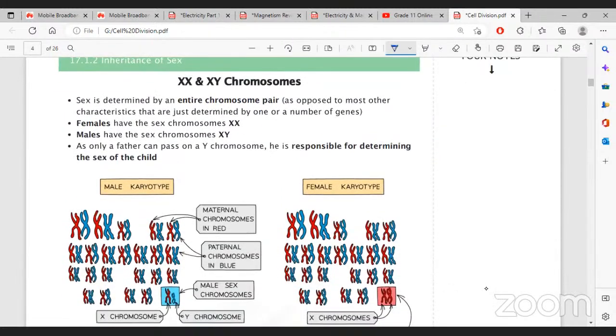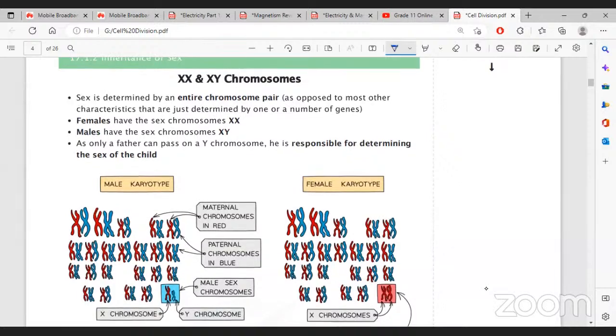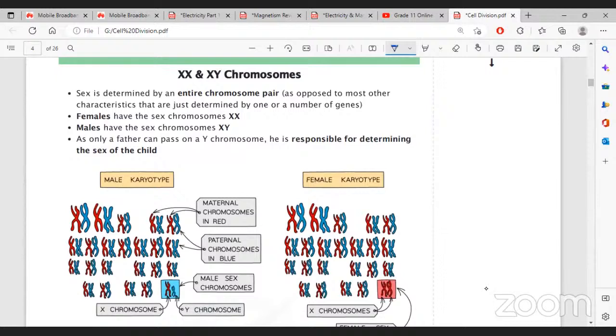Then we have sex chromosomes. Now, let me just read here quickly. Sex is determined by an entire chromosome pair, as opposed to most other characteristics that are determined by just one gene or a number of genes.